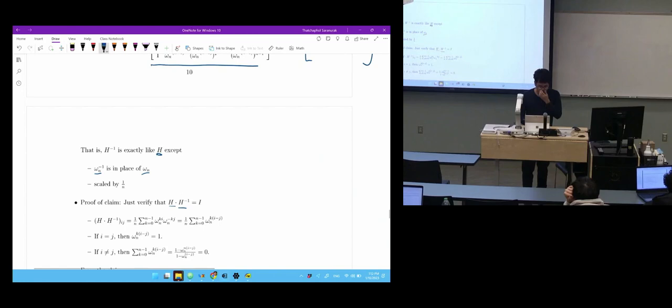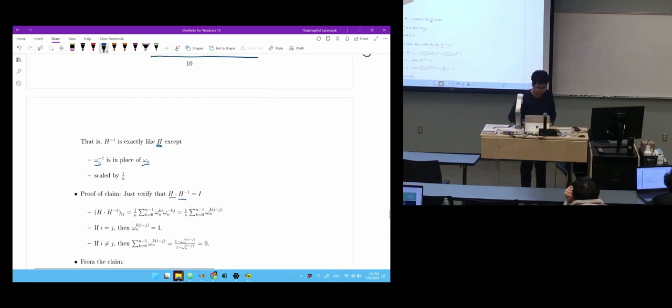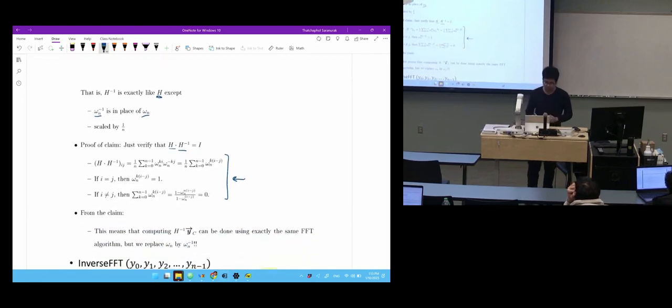It must be an inverse. And how do you say this? Well, this is now just doing some math. You can verify this at home. I won't go through it. But what do you get from here?